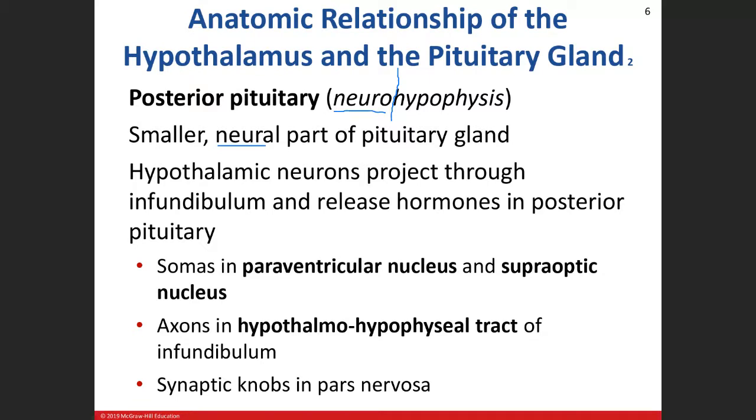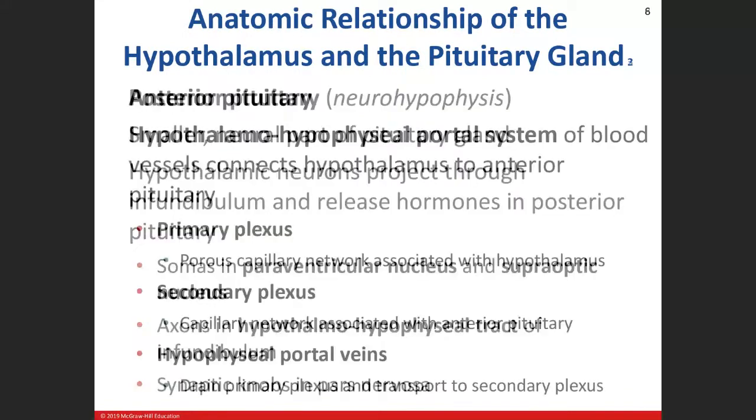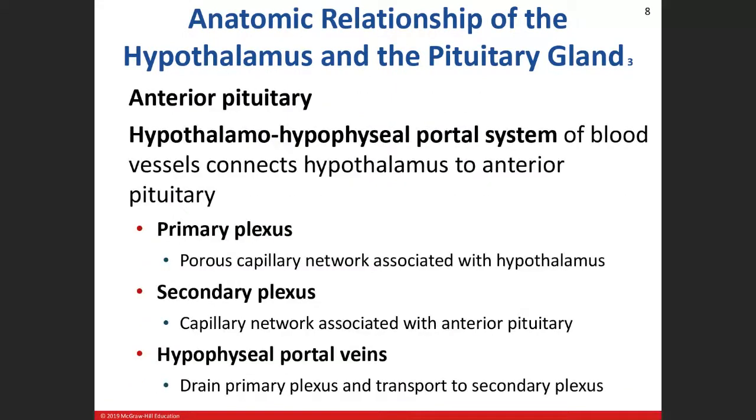I'm going to come right back to this slide, don't worry. The other part of the pituitary gland is the anterior pituitary, and the anterior pituitary is known as the adenohypophysis, or adeno.